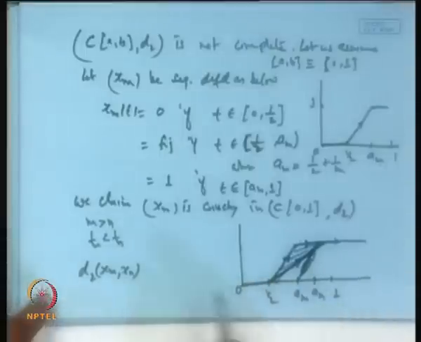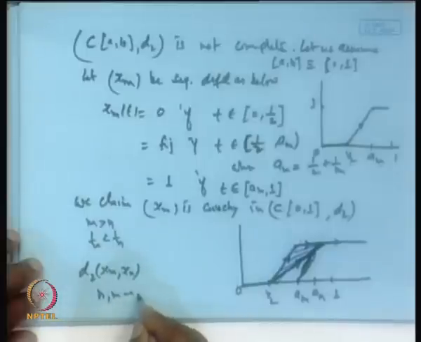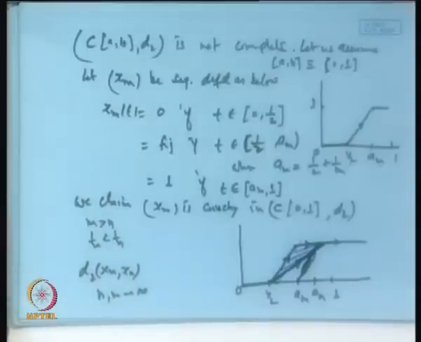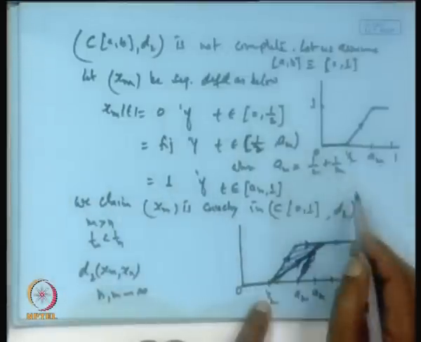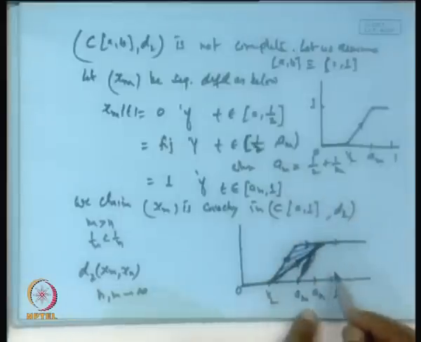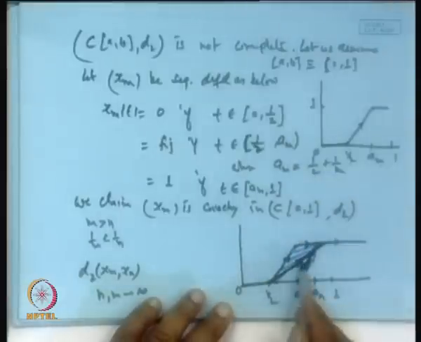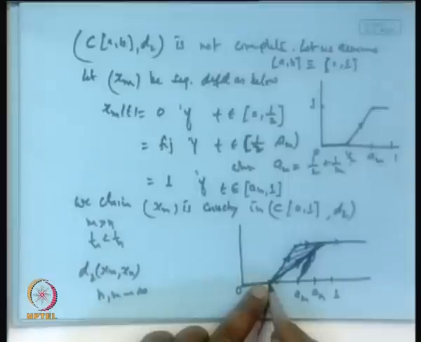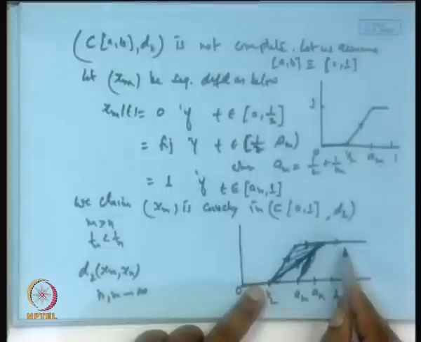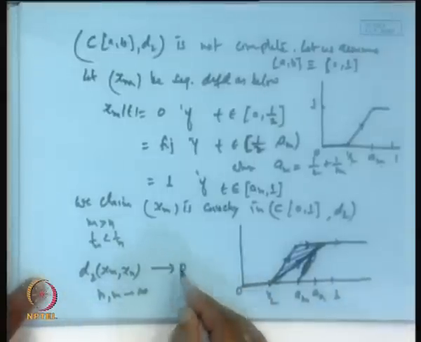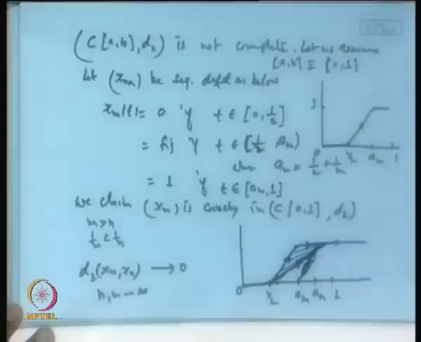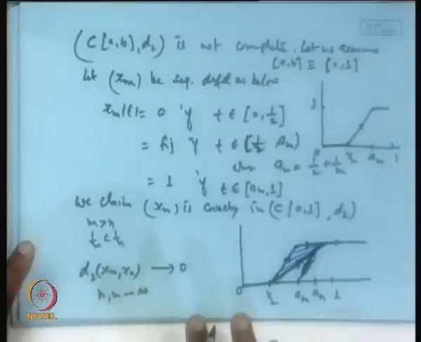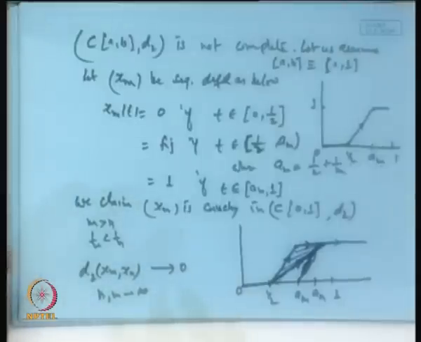Now, as n and m both go to infinity, a_m coincides with 1/2, and a_n will also coincide with 1/2. So basically both these figures will coincide at 1/2 and there will be a direct jump here, and we get this point, clear. So this tends to 0 as n, m tend to infinity, agreed. So it is a Cauchy sequence. Is this clear or not?